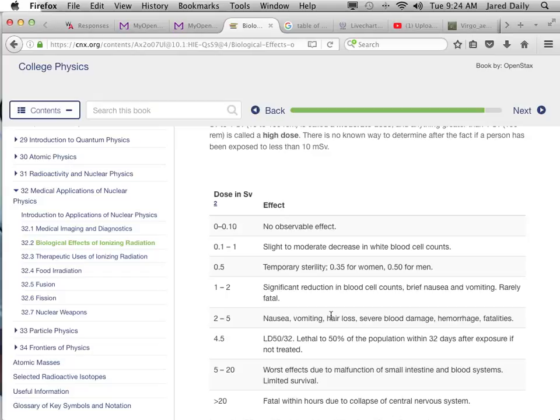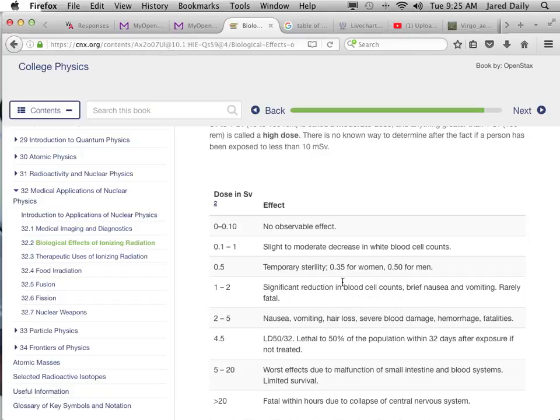Many of our softer tissues have fast-growing cells, like our intestines, stomach lining, things like this, and so those kinds of things are killed off more readily. And this is the reason that you get things like nausea and vomiting. Your intestines and your stomach aren't working so well because they're not being reproduced properly when you take these higher doses.